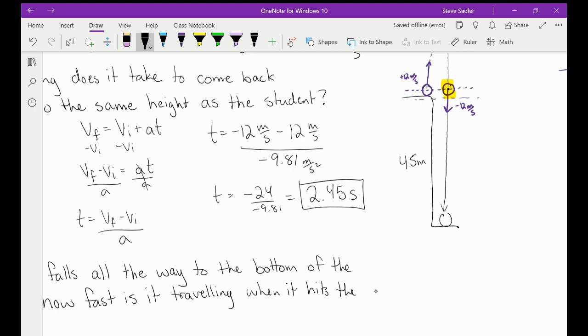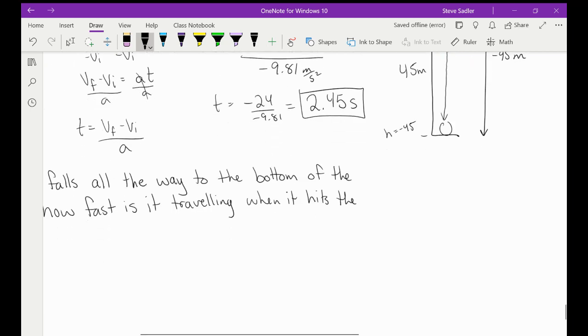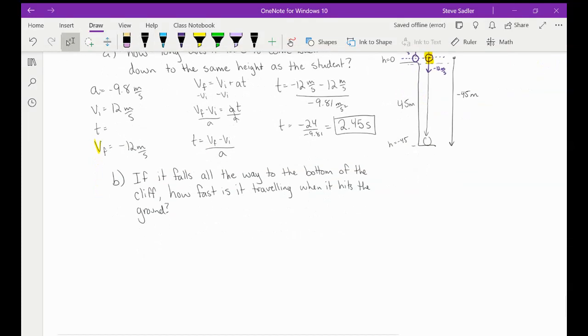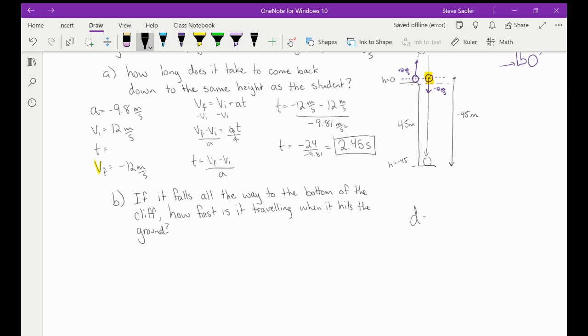And if it travels from that point all the way to the bottom of the cliff, it's going to go negative 45 meters. Because we're assuming this is height 0 and this is height negative 45, if that makes sense.